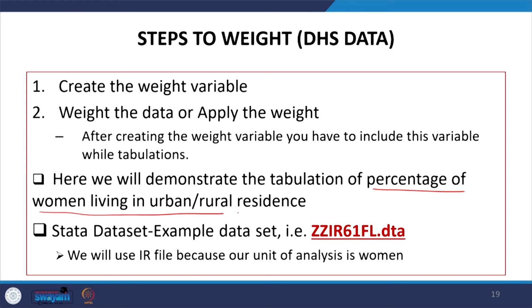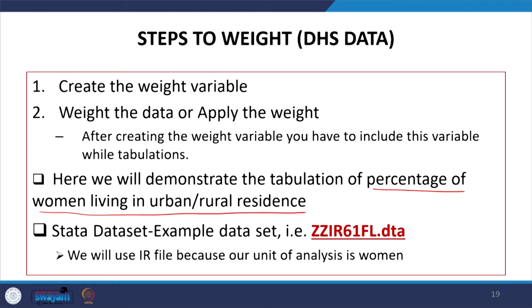This is not a hypothesis we are going to test, just to estimate the percentages of women living in rural or urban residence. The example data set with this name is here, and we are going to open it soon.